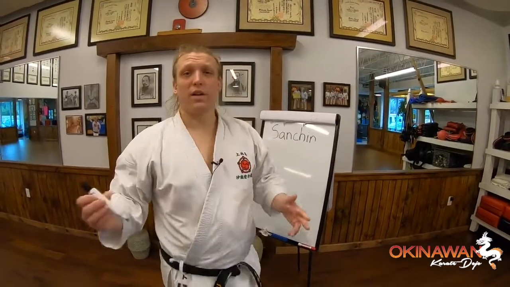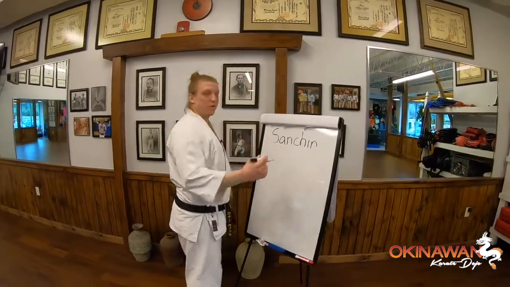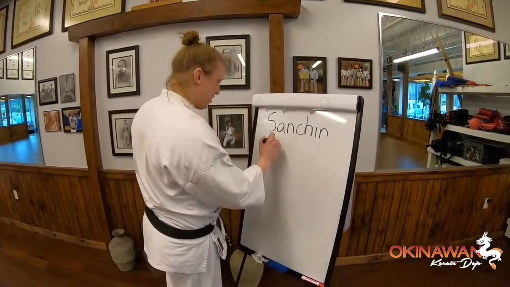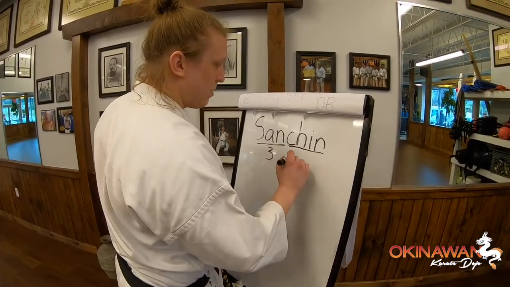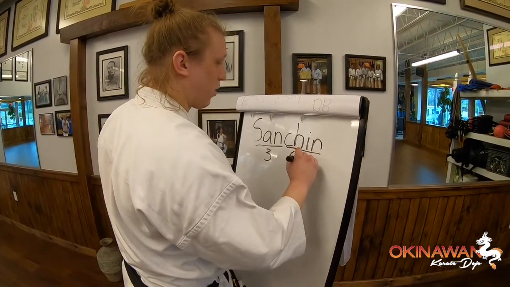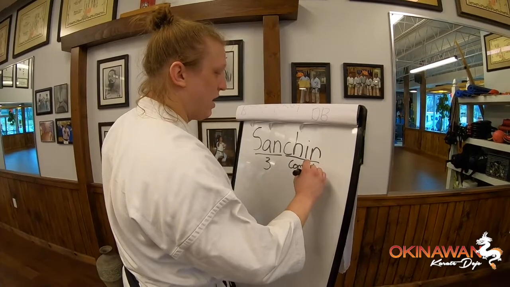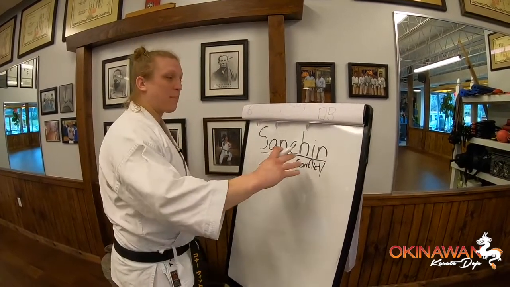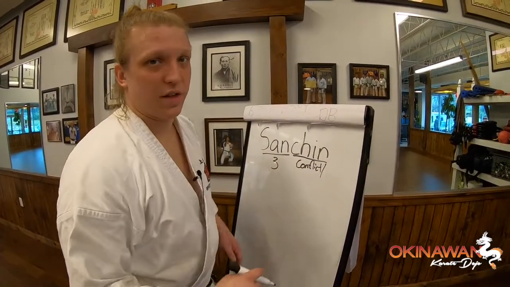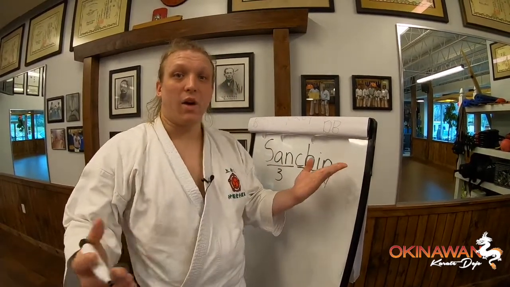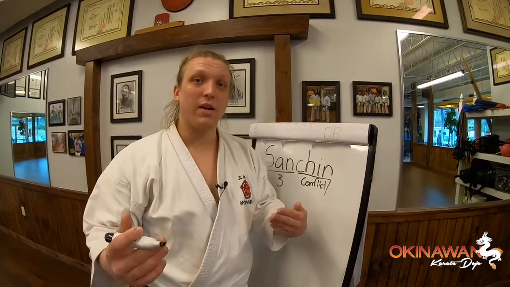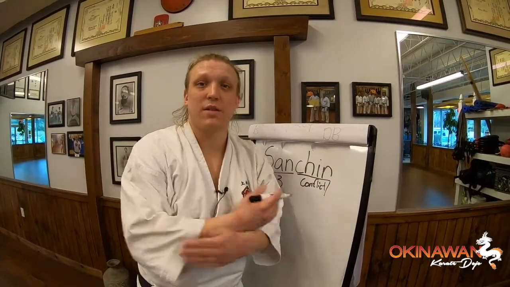All right, so one of the main concepts is the name, of course, right? San, meaning three, and Chin, meaning conflict or resolution. In Japanese and in Chinese, there are things called polar words, where black and white are the same thing, or left and right are two sides of the same direction.